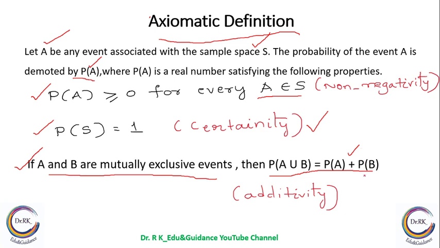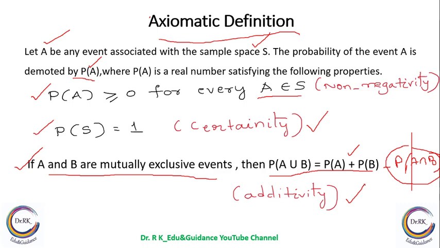Just for our information, if the events are not mutually exclusive, then it becomes P of A plus P of B minus P of A intersection B. This is the regular principle of inclusion and exclusion. If A, B are mutually exclusive, the intersection becomes 0, therefore P of A union B equals P of A plus P of B, which is what we call the additive property.